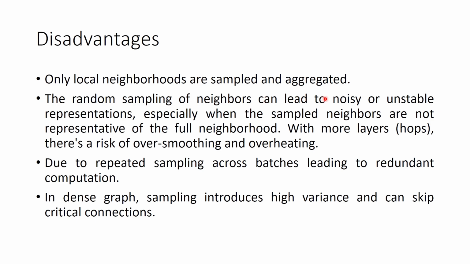The random sampling of neighborhoods can lead to noisy or unstable representations, especially when the sampled neighborhoods are not representative of the full neighborhood. So we have taken a sample and we can infer from that data what its result would be.